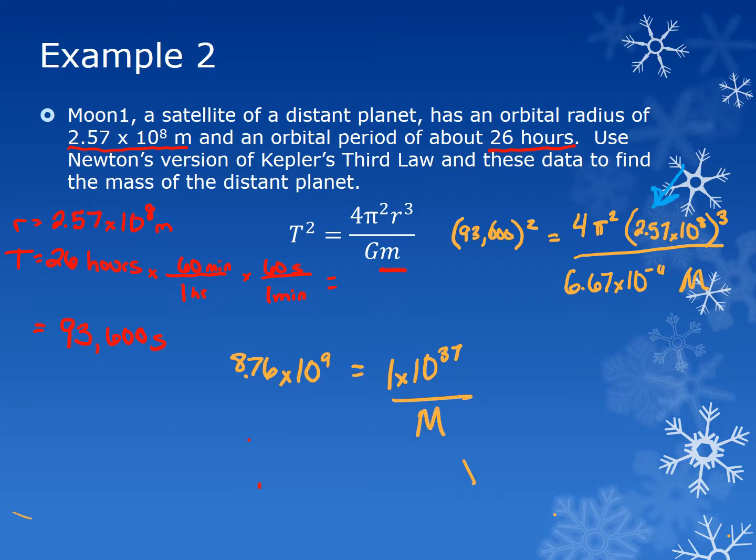So we have to multiply by the mass on both sides, and then divide by 8.76 times 10 to the 9. So the mass of this distant planet should be 1.15 times 10 to the 27 kilograms.